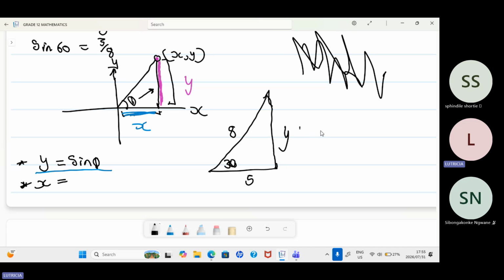You're saying sine 30, like this, and then is equal to y over 8, and then cross multiply.